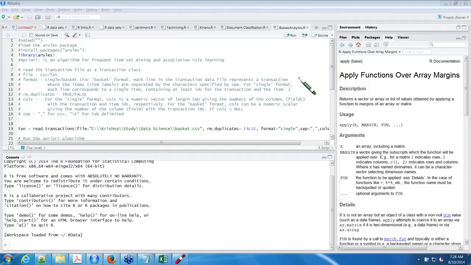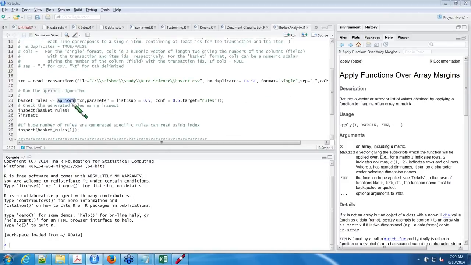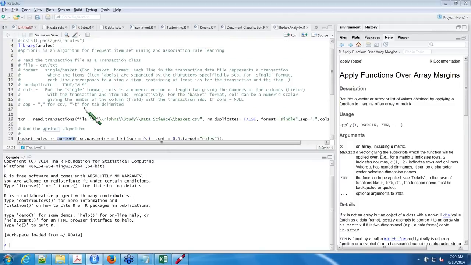Fine. So we are starting with the practical. Just follow on from here. As usual, we have the list of code for R, and here we are going to use a different package called arules. Under arules we have a function called apriori. Previously we saw the TF-IDF and K-means functions; here we are going to see a different function, apriori.